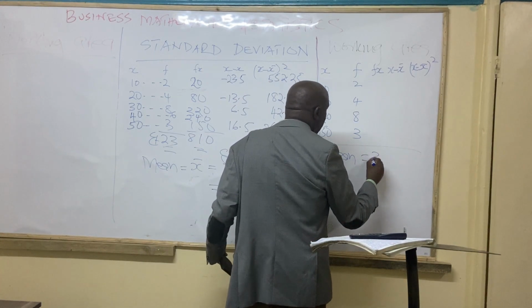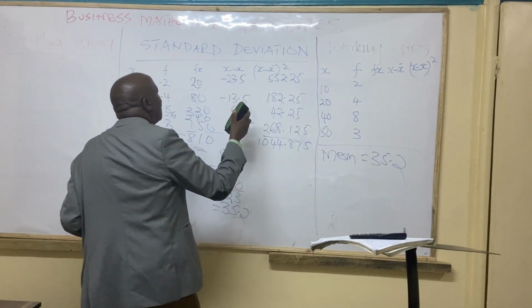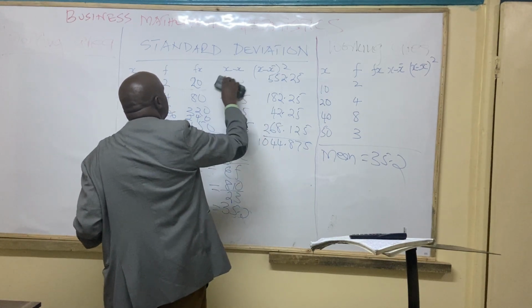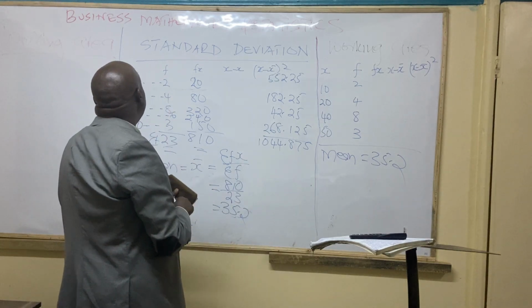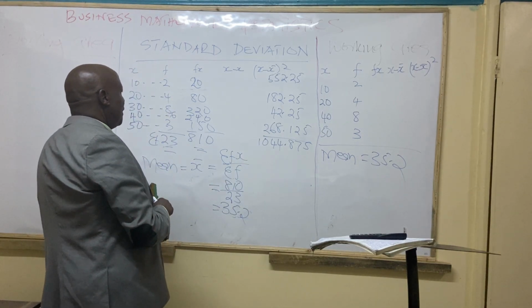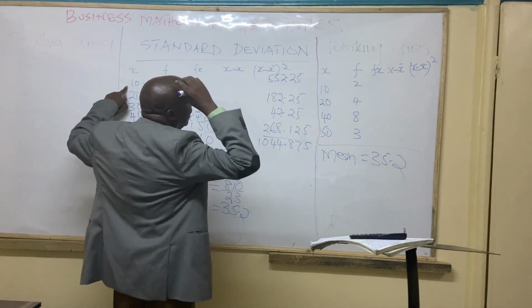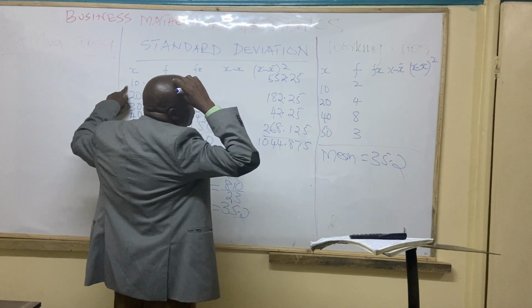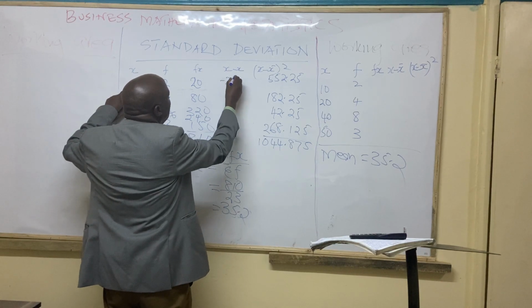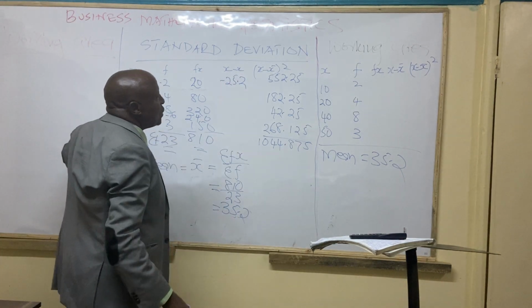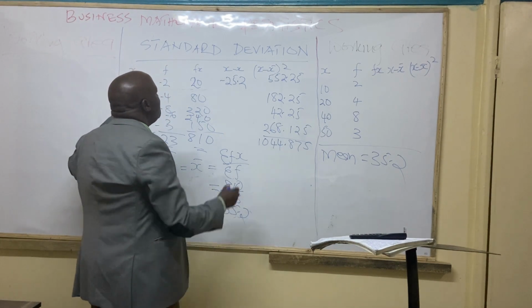So our deviation here will change. We say 10 minus 35.2, it will be negative 25.2. And then 20 minus 35.2, it will be negative 15.2.